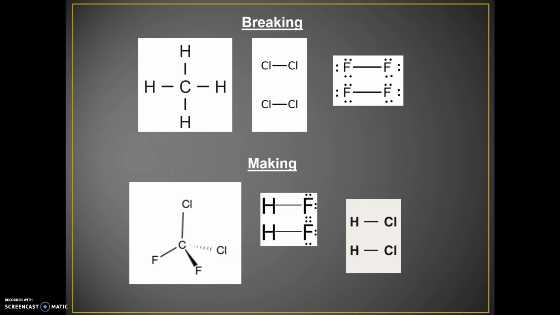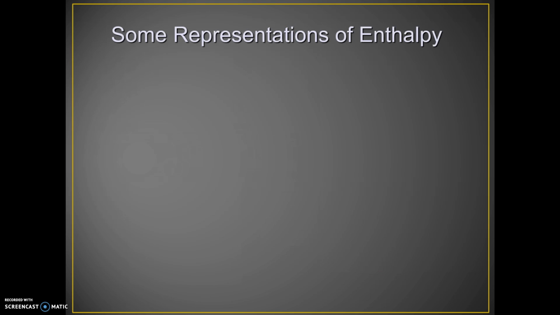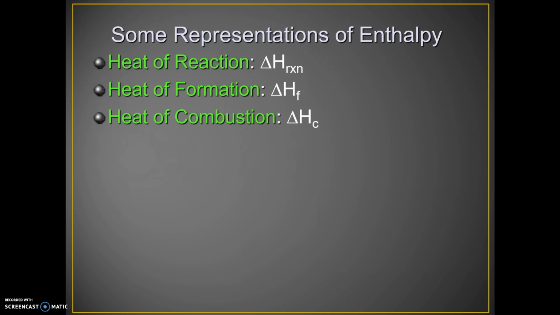All right, next. Representation of enthalpy. So we know enthalpy is just heat. You can have a lot of different representations of it. So you can have heat of reaction, heat of formation, heat of combustion. They're all still enthalpy. It's all change in heat. It's just that in one case, it's representing a general reaction. In another case, it's the heat of formation.